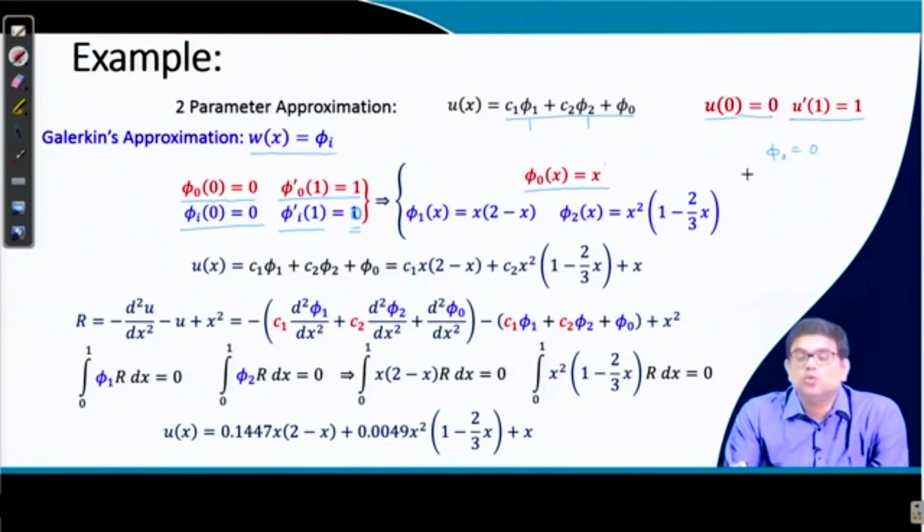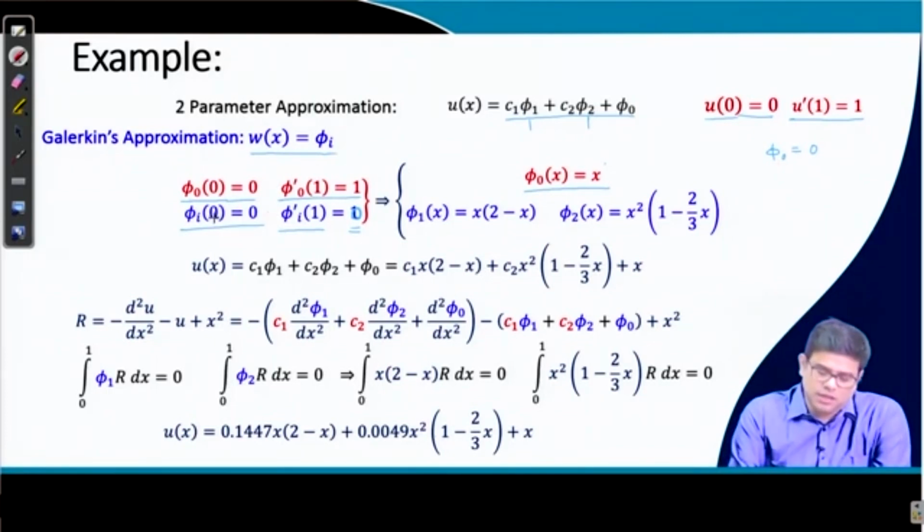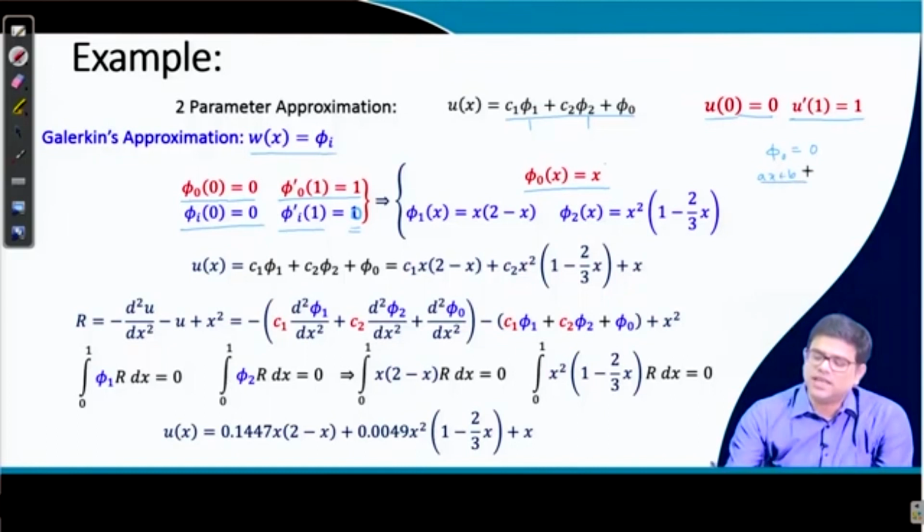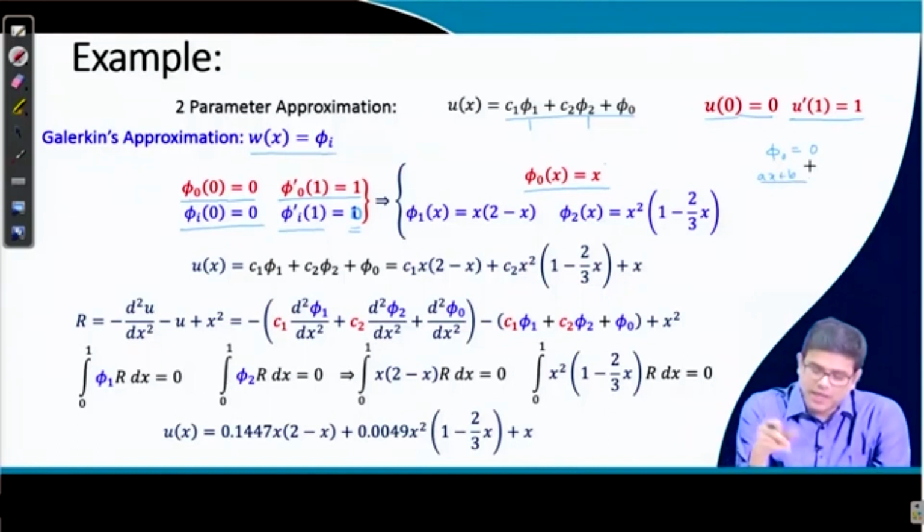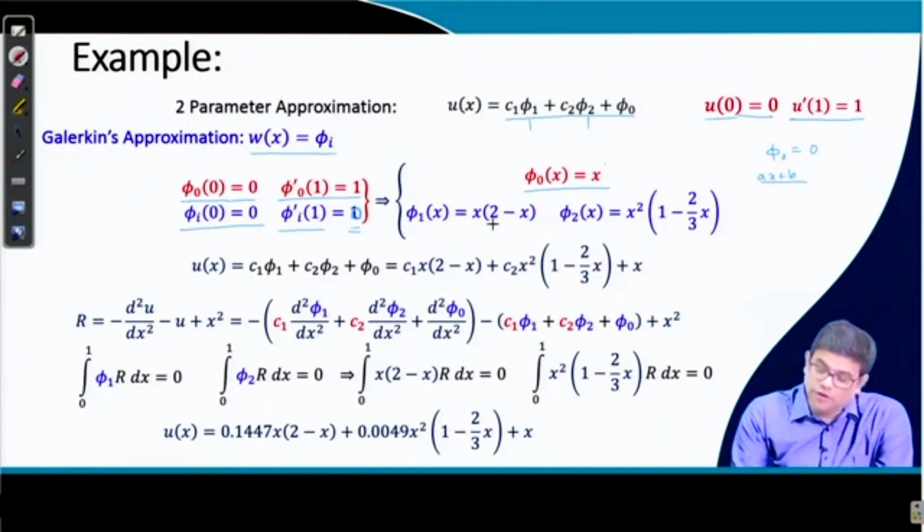So if I need to satisfy these, I can easily construct this function. There are two conditions, so if I take ax plus b and find out what a and b are, I can construct this kind of function. But that is not possible because there is a differentiability requirement here.